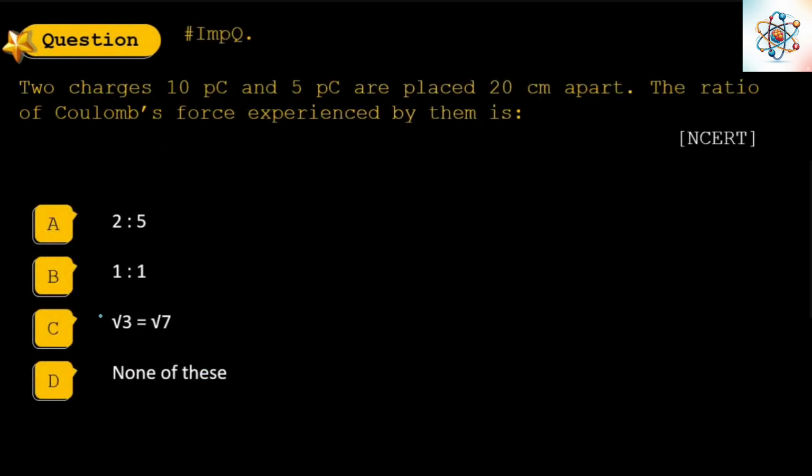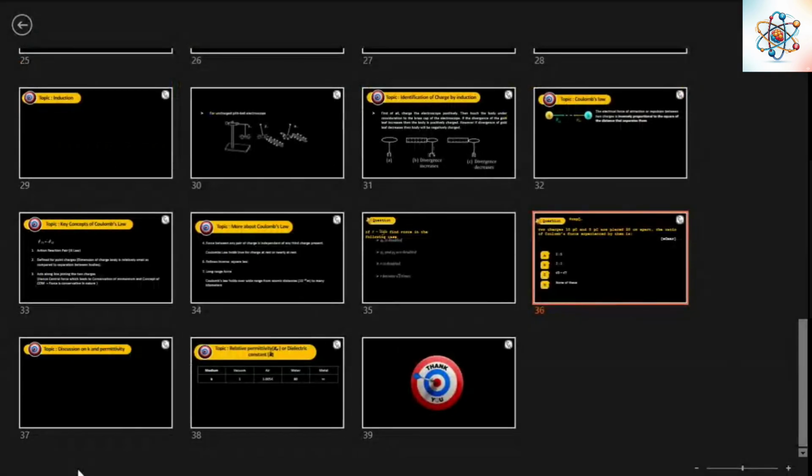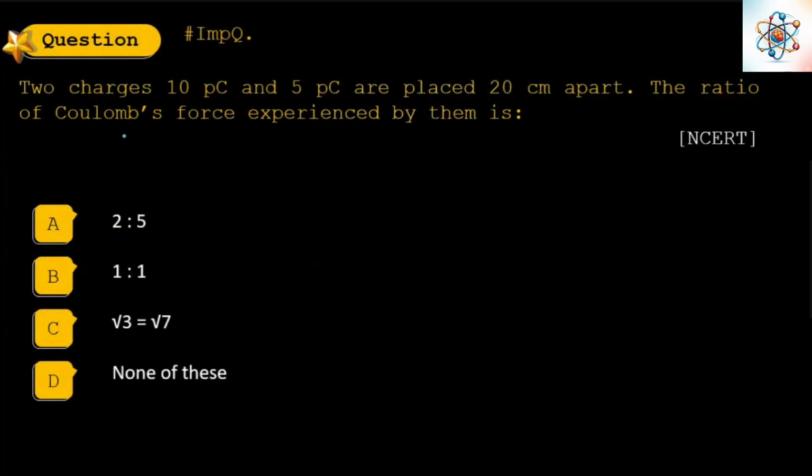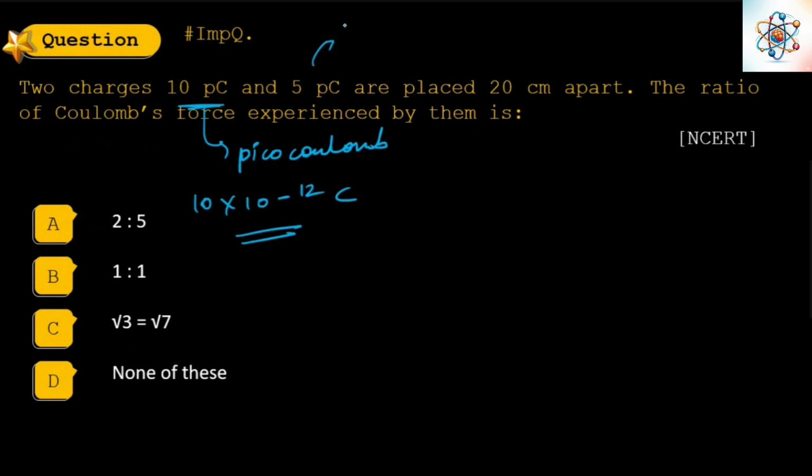Another question. The question says two charges, 10 PC and 5 PC. PC means picocoulomb. It is one of the smallest units. So 10 PC means 10 to the power minus 12 coulombs, that much small it is. Again, 5 PC means 5 into 10 to the power minus 12 coulombs. They are placed 20 centimeters apart.